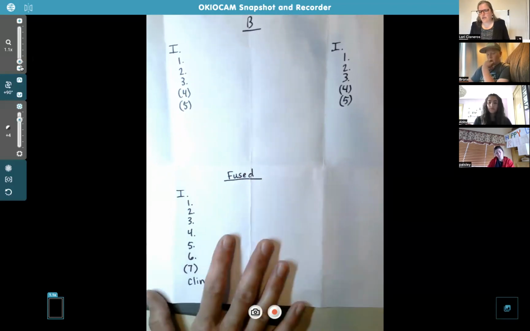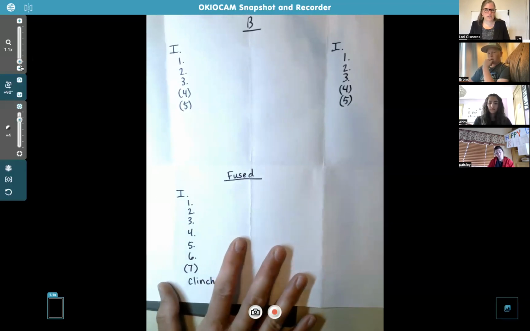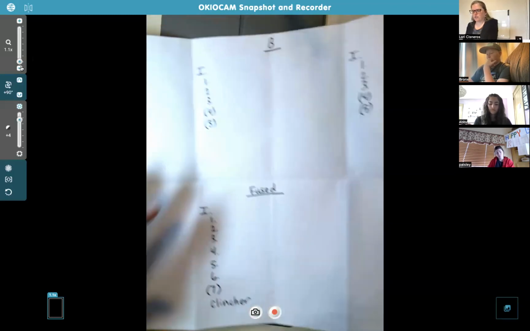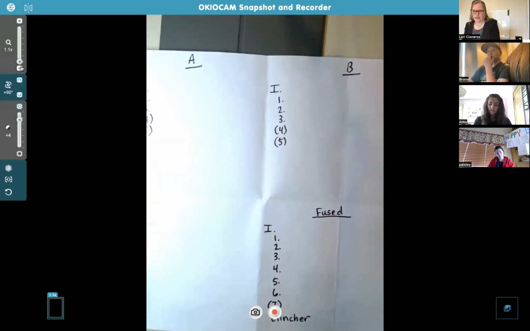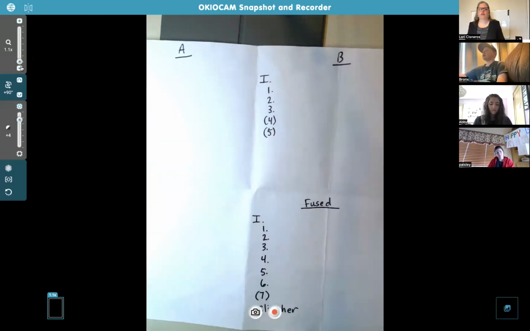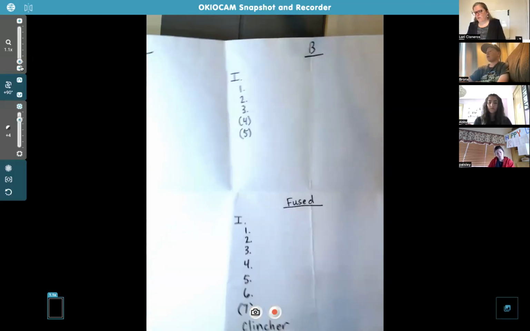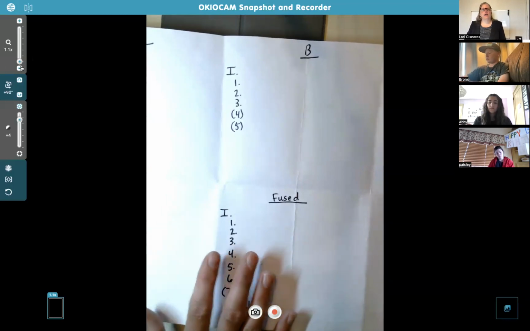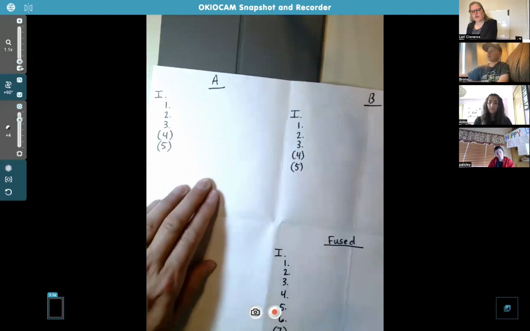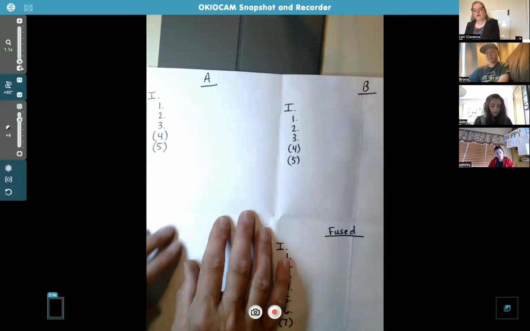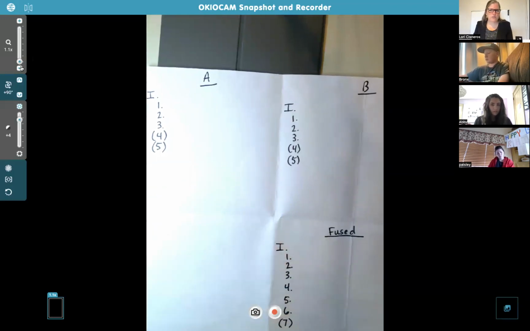So today we're going to fuse this. This is going to be a little tricky because each of you have a different version of your outline. It's not going to be exactly the same. So what we're going to do in class is try to fuse one together. And what you're going to do is look at, starting with A, the facts that you put down as details for that topic. You're going to start choosing the ones that you think are most interesting about that topic.